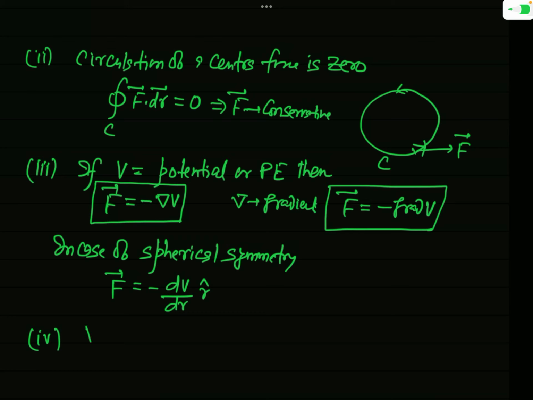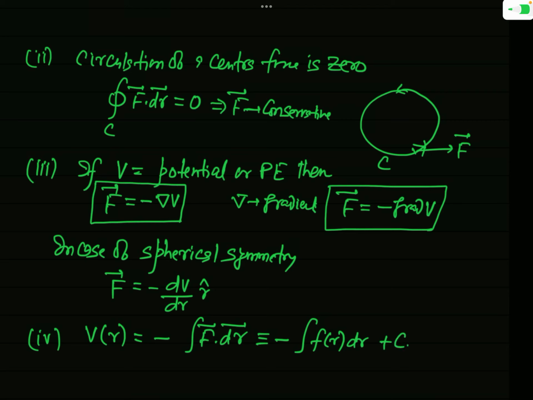So if you want to find V, this V of R is actually given as minus integral of F dot dr, or you can also write it equivalently as minus integral F of R dr plus some integration constant.